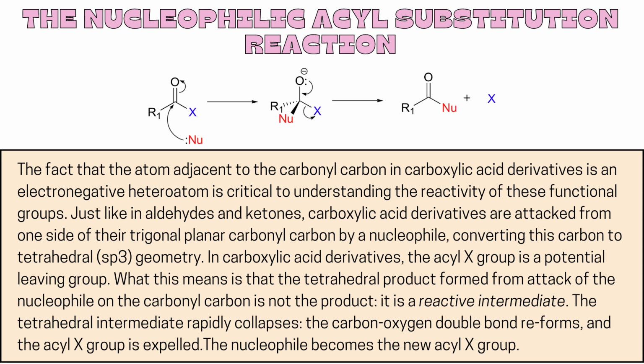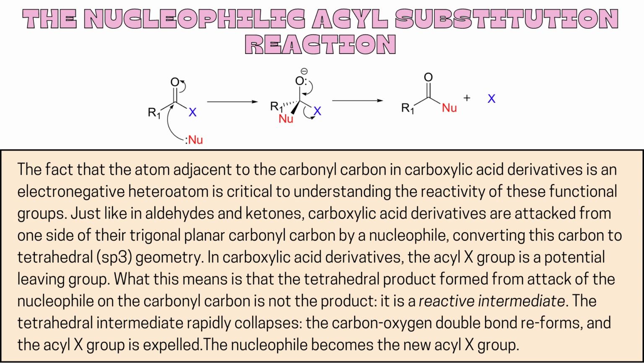So, just like in aldehydes and ketones, carboxylic acid derivatives are attacked from one side of the trigonal planar carbonyl carbon by a nucleophile, converting this carbon to tetrahedral sp3 geometry, as you can see in the diagram.